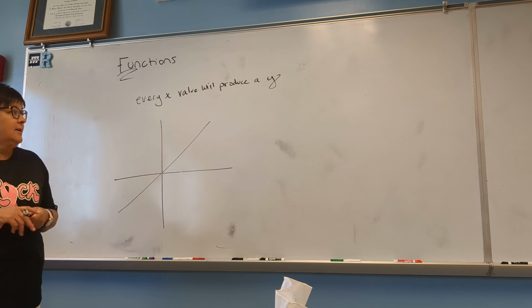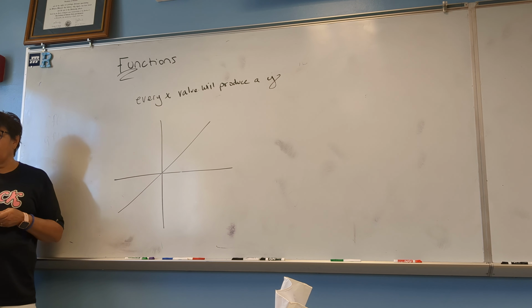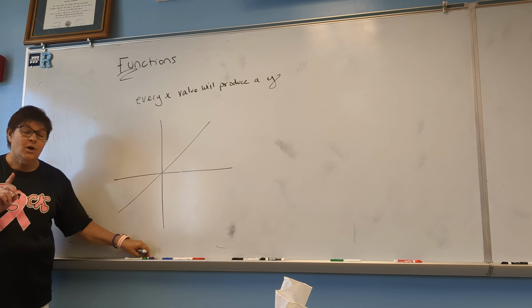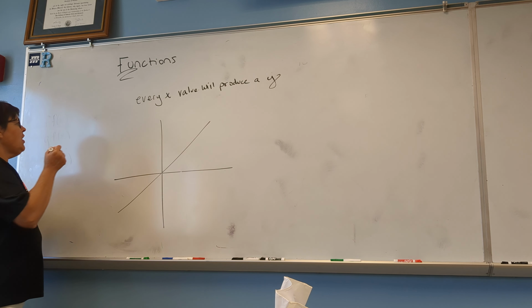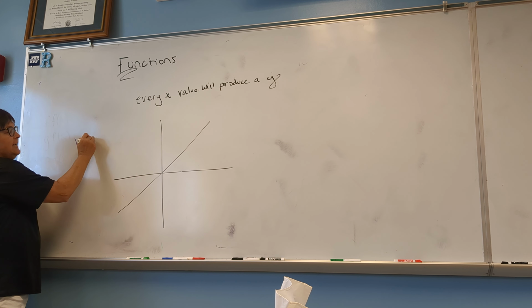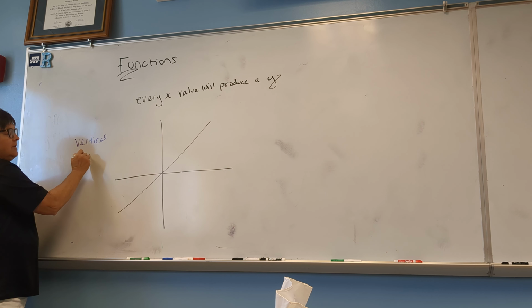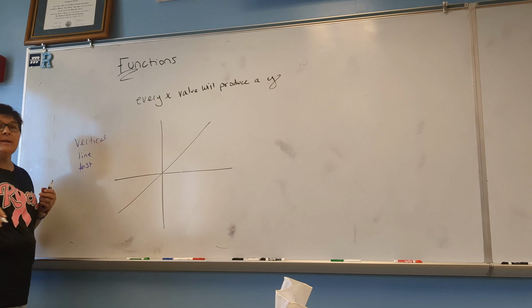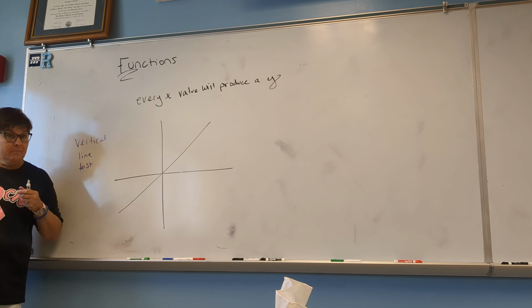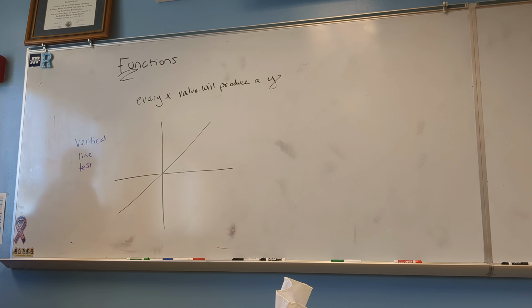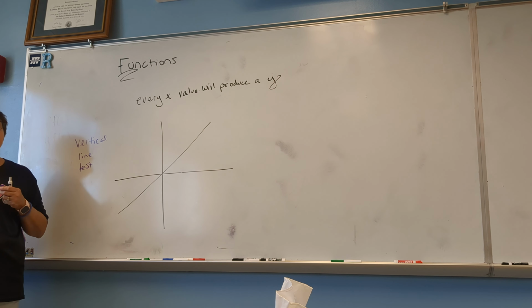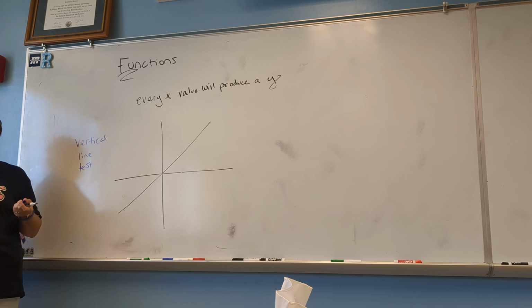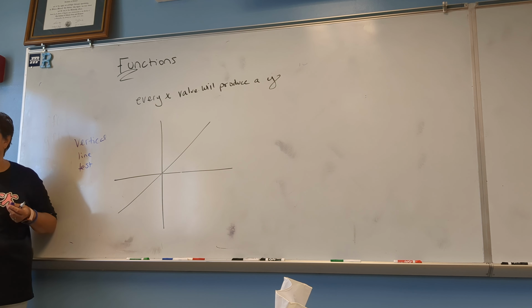Visually, you can look at this, not know the x and y values that are produced from it, and know that it's a function because we have something called a vertical line test. Have you ever heard of that? Vertical line test? It's been a minute. What's a vertical line look like? Do it with your hands.